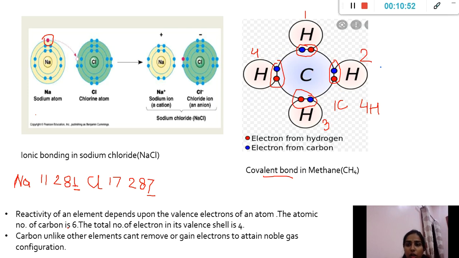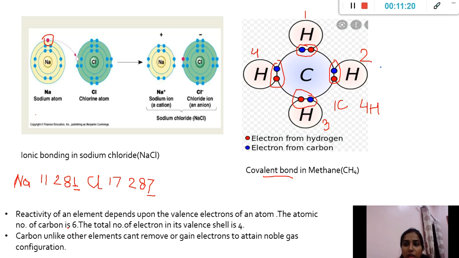So many of the elements have the tendency to complete their octet in order to attain a noble gas configuration, and therefore carbon also has the tendency to attain a noble gas configuration.